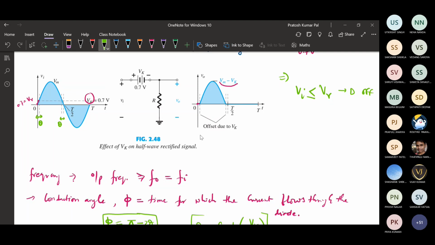If the input voltage is greater than V gamma, then the diode will be on. Once the diode is on, it is represented by its equivalent circuit, and from there we can get the output. Once it is on, the output will be equal to V input minus V gamma.